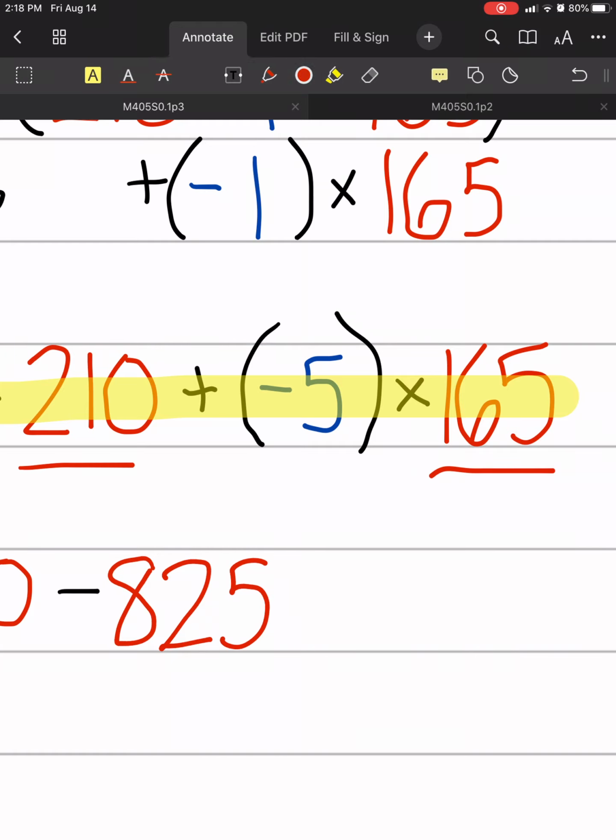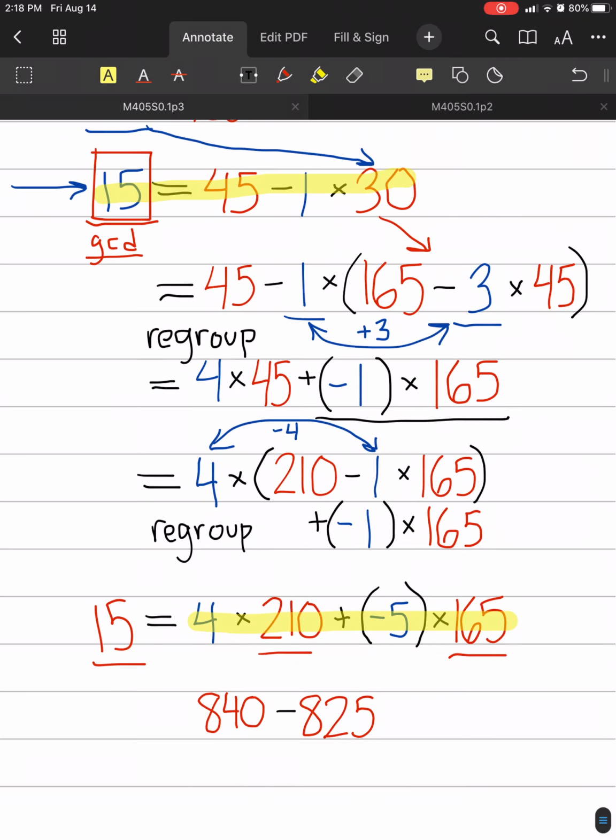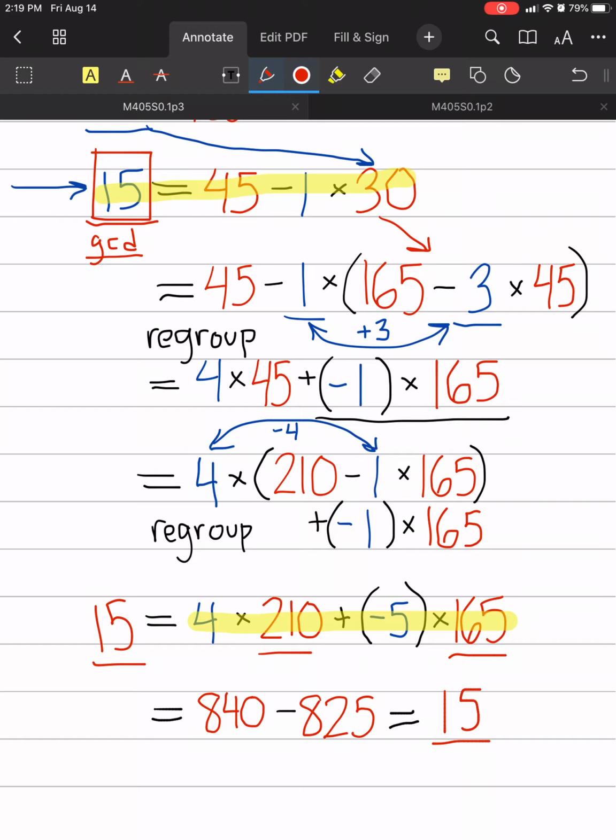Sorry, I don't really have access to a calculator, so I have to use my head, which I guess still works okay, but I'm getting old, so who knows when that's going to go. All right, so here, 840 minus 825, easily seen that that is 15 like we wanted it to be.